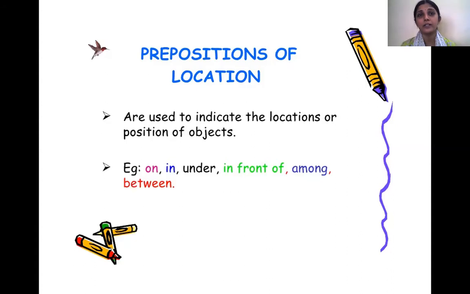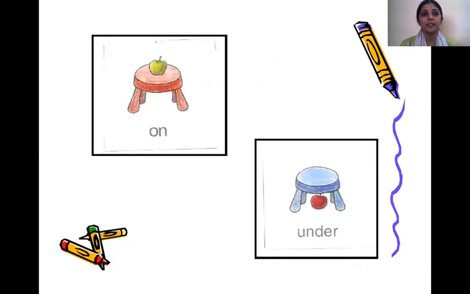Between and among, this difference we have to see, but we will take every preposition of location one by one with the help of the image, so that by looking at the visual, the idea becomes clear to you. We had already seen one example of the preposition on in our last session.